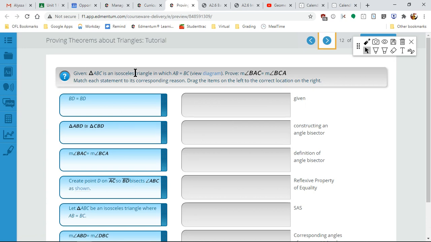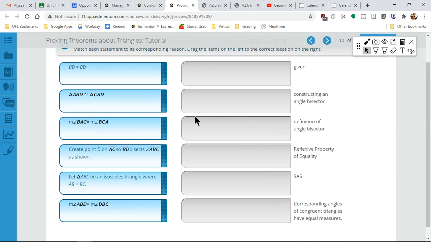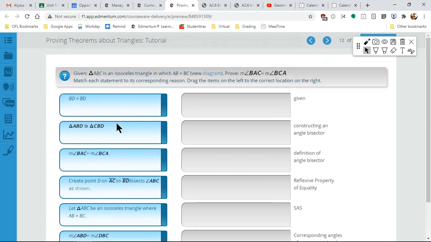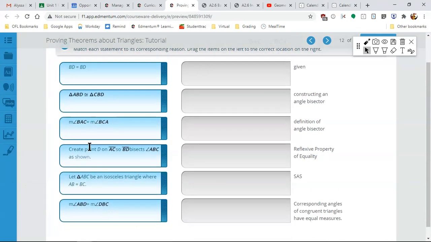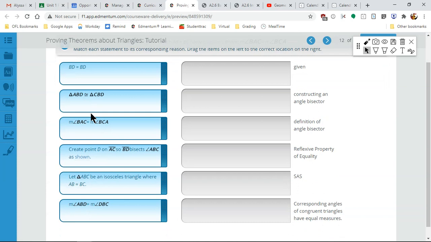So the first thing we see here is we have this triangle, this one right here, and we're going to say that it's an isosceles triangle. So the given fact is that we have, what is this? These two triangles to create point D. There we go.